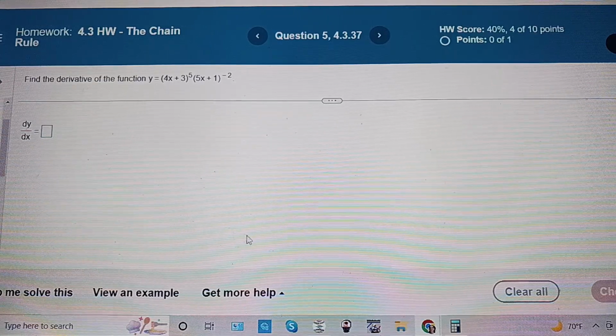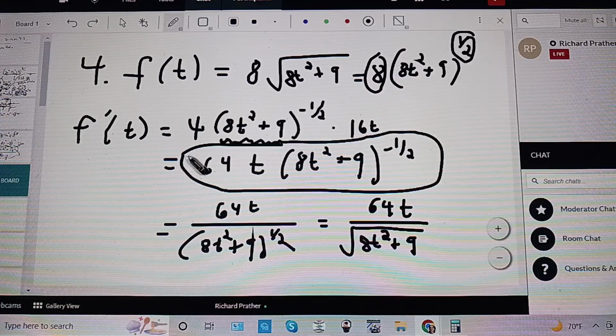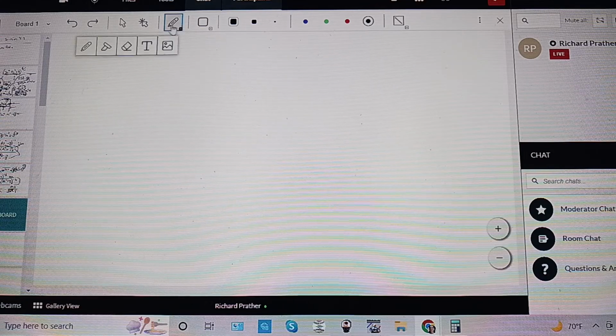Okay, so now we're going to start mixing rules together. Here's a function of x, 4x plus 3 to the 5th power. Here's a function of x, 5x plus 1 to the negative 2, and they're literally multiplied together. A function of x times a function of x, that's the product rule. And in the middle of this, you're going to have chain rules going on.